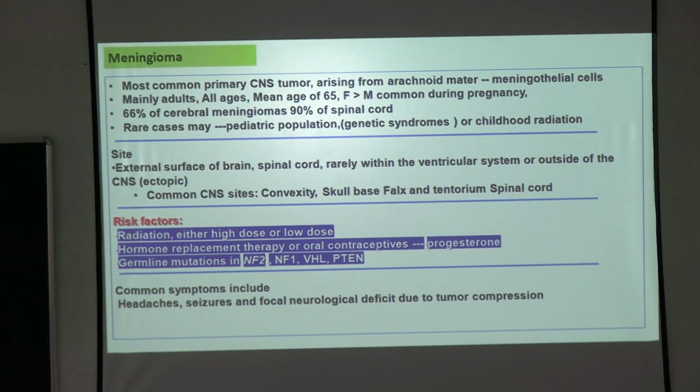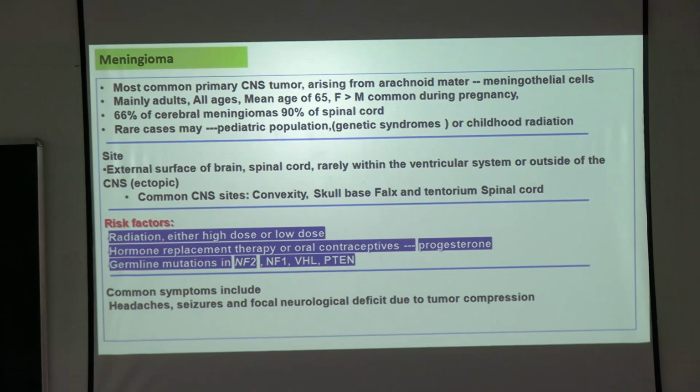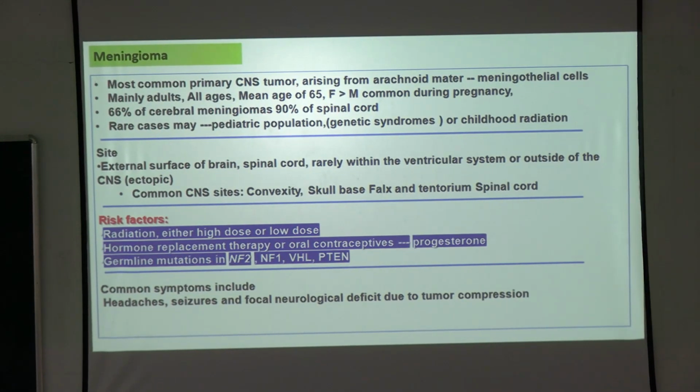It is the most common primary tumor, occurring in adults and also in children. The median age group is maybe 50 to 65, with female preponderance. What are the predisposing factors? Usually radiation injury. It may be hormonal, patients treated with hormones, or during pregnancy the hormonal imbalance can aggravate it. Children can also be affected.